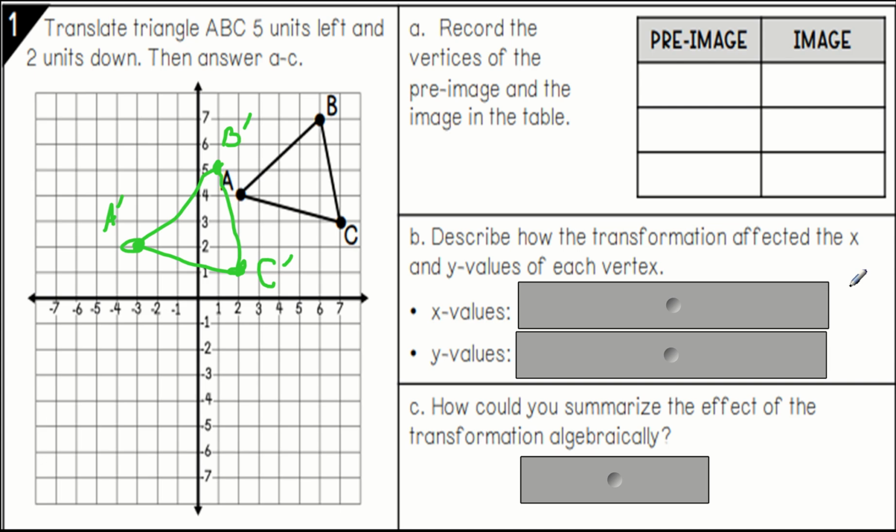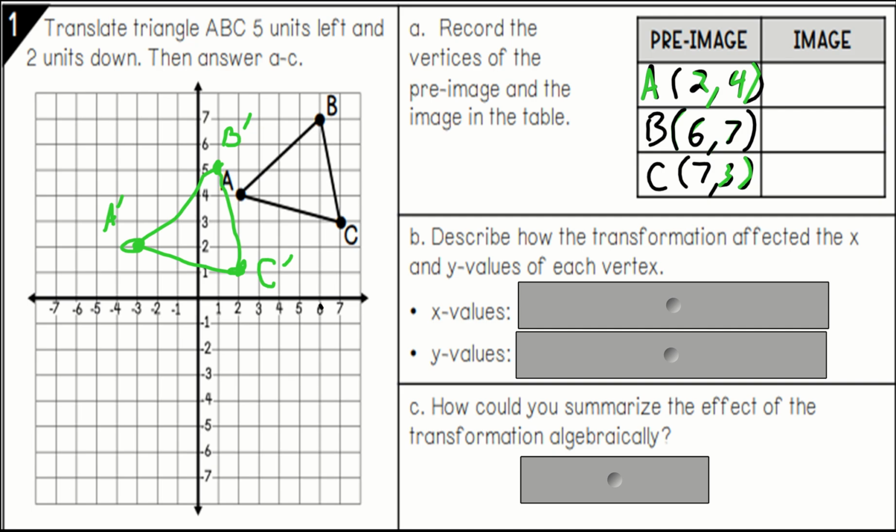If we don't have it graphed, though, what we use are the ordered pairs. So our pre-image, the one to start with: for A, I have 2, 4 as an ordered pair. For B, it was at the point 6, 7 to start with. And C was at 7, 3 to start with.